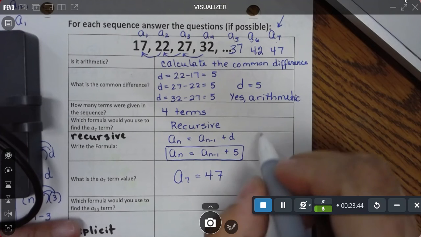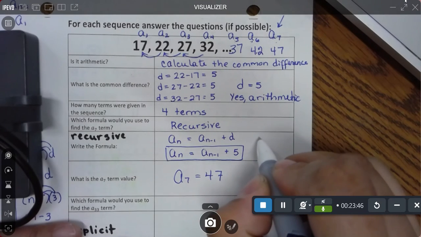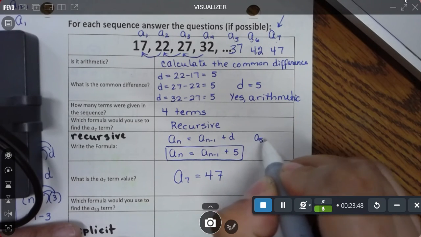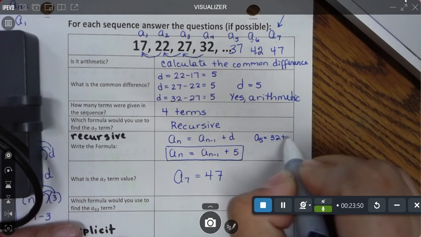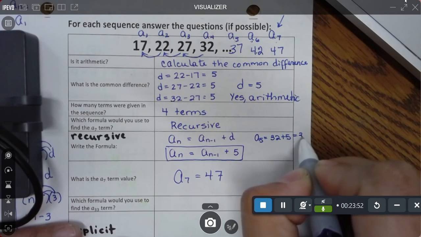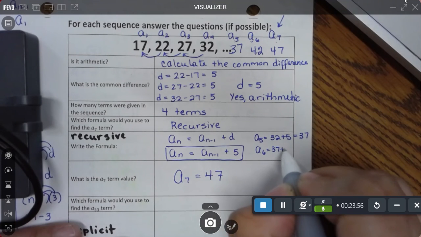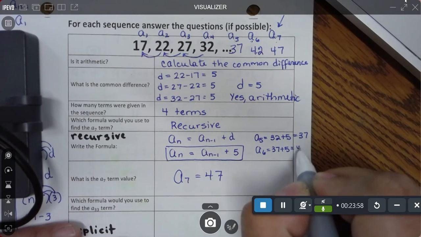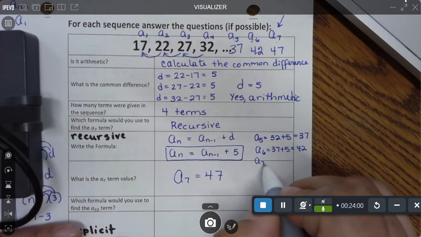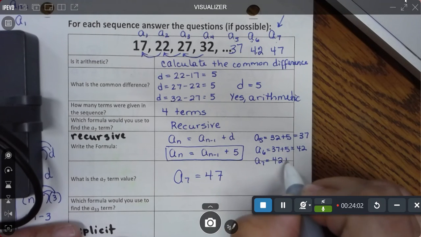And I'll try to write this down for you. What we did was, to find the 5th one, we did 32 plus 5. To find the 6th one, we did 37 plus 5. And to find the 7th one, we did 42 plus 5.